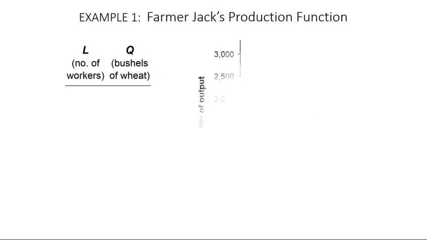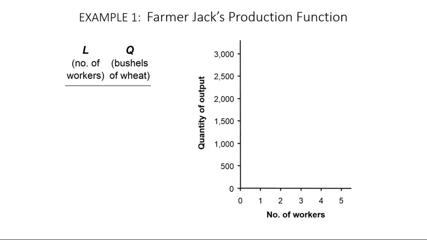Okay, so we're going to have the quantity of output, Q, measured on the vertical axis, the number of laborers or workers, L, measured on the horizontal axis. First and foremost, if Jack does not hire any workers, then he's not going to be able to produce any output. But if he hires one worker, now all of a sudden he's able to produce a total of 1,000 bushels.